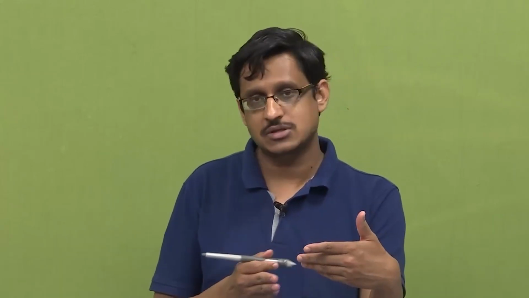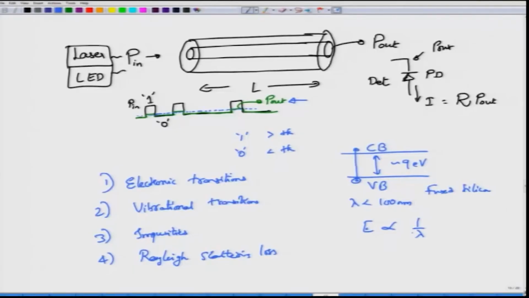That high energy can be obtained in the X-ray regime or in the ultraviolet regime, because as you go to the infrared regime, the value of lambda starts increasing, and since energy is inversely proportional to lambda, at near infrared wavelengths, around 1 micrometer, the electronic transitions are rarely going to happen.